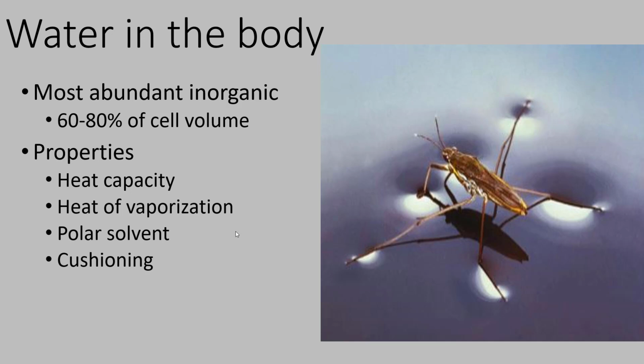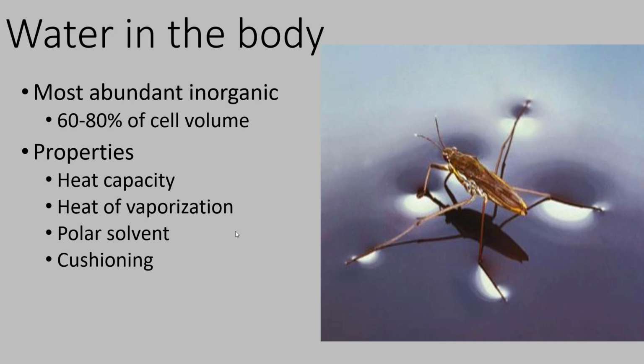When we're born, babies are lots and lots of water compared to older people. Babies tend to be towards the 80% side, and older people tend to be more towards the 60% side. So water does decline as we age in our body.